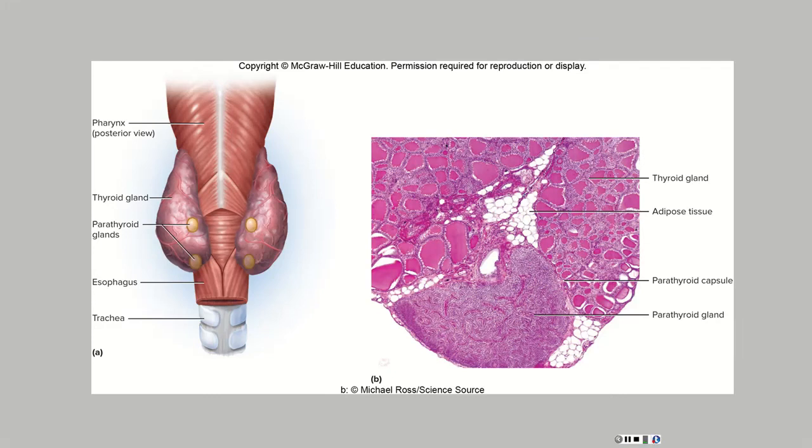Once that's out in circulation, we get to the kidneys. The kidneys filter the calcium and phosphate out of the blood. But parathyroid hormone tells your kidneys to increase reabsorption of blood calcium. Remember, we saw that in the kidney chapter. We increase reabsorption of blood calcium. So blood calcium levels stay elevated.